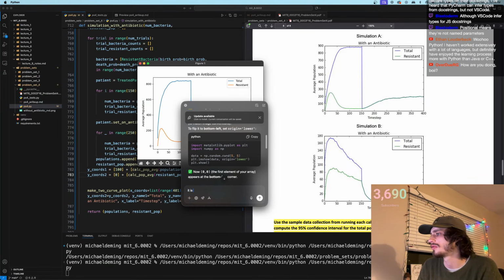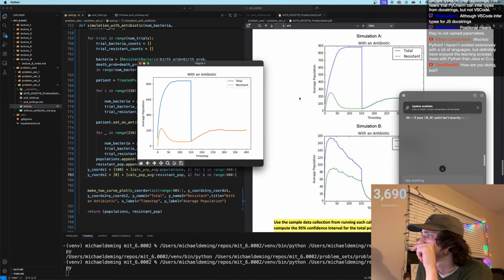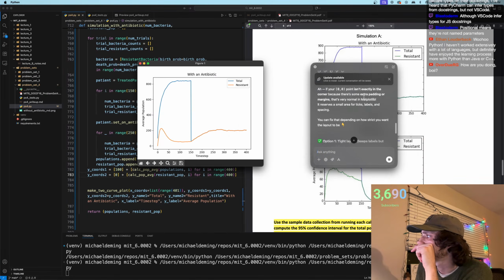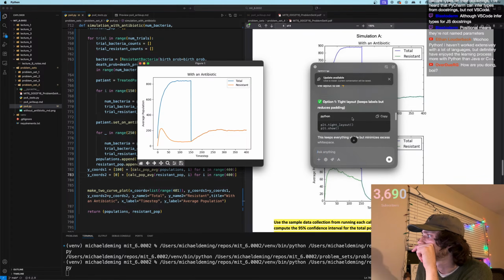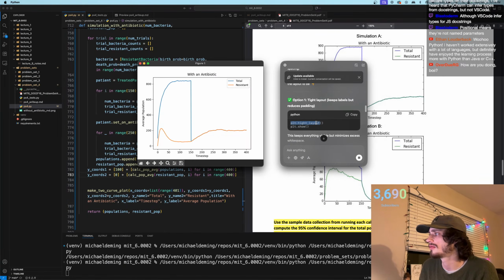It is padded a little. Checking the code to make sure of padding and margin. Plot dot tight layout.